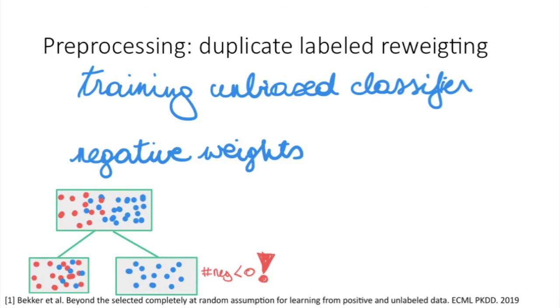Similarly, in naive Bayes, you would estimate the probability for the positive class given a certain feature. So here as well, you are looking at subsets of the data where you again also could have a negative number of negative examples, making it impossible to calculate correct probabilities. We could solve this problem by modifying the learning algorithm to handle these edge cases. And this is exactly what method modification techniques will do.